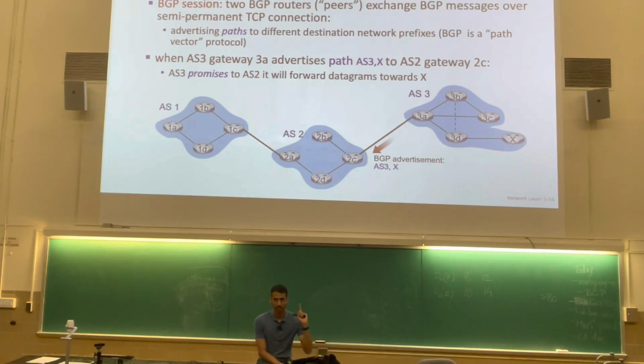Unlike link state and distance vector routing protocols, in BGP the entire AS path is sent. You don't just send a cost or anything, you send the path. You say you go through these AS numbers to reach X. So what are the routes? In every advertisement, implicitly is a promise to say, I will follow this route to reach this prefix.